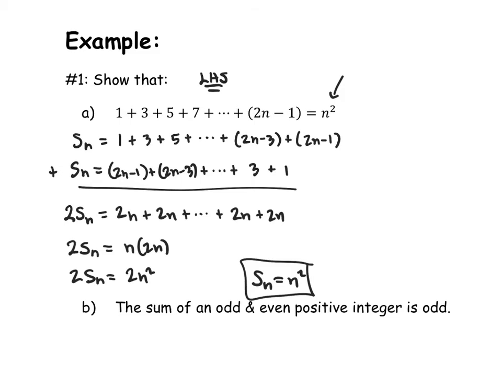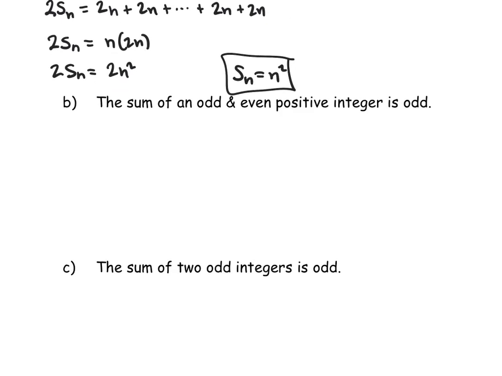Okay, let's look at part B. The sum of an odd and even positive integer is odd. Well, by definition, an even number takes on the form 2m, where n is the even integer and m is in Z plus, which is the set of positive integers.